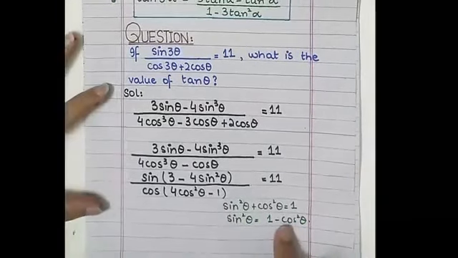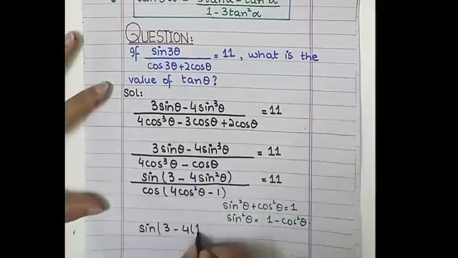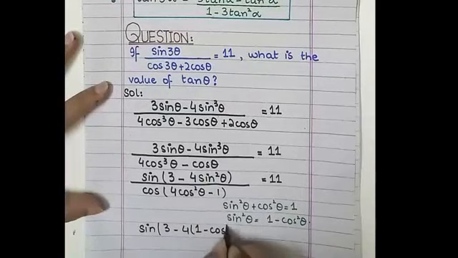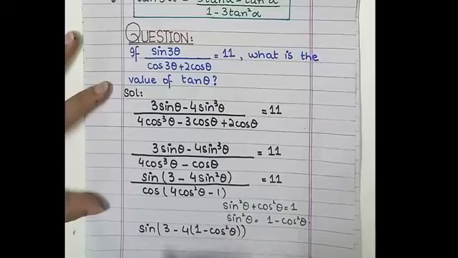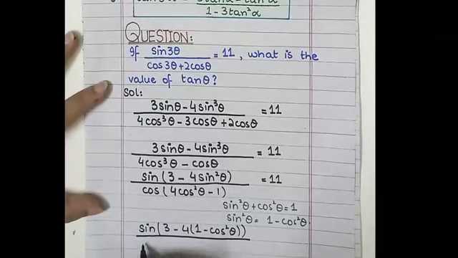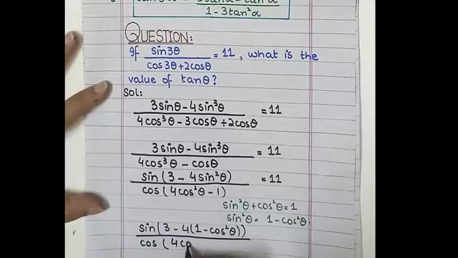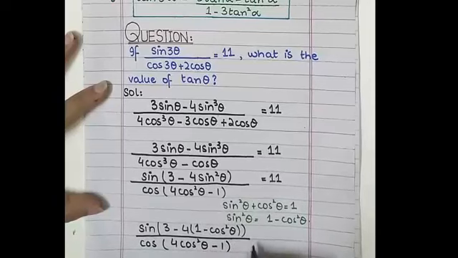So we put this value of sine square theta here: sine times 3 minus 4 into 1 minus cos square theta, divided by cos theta times 4 cos square theta minus 1.